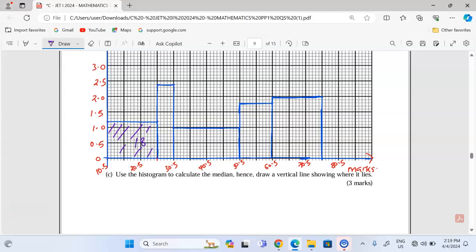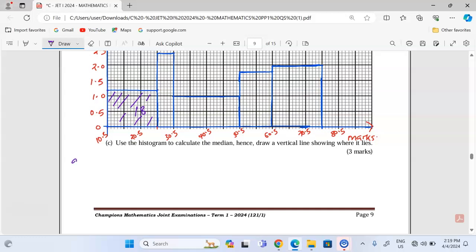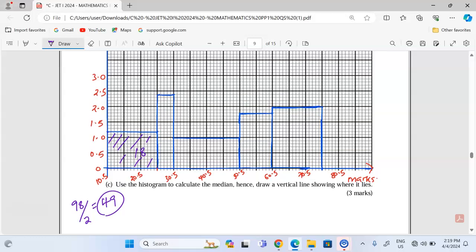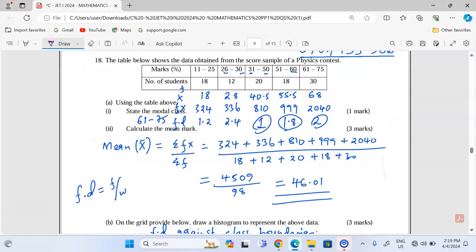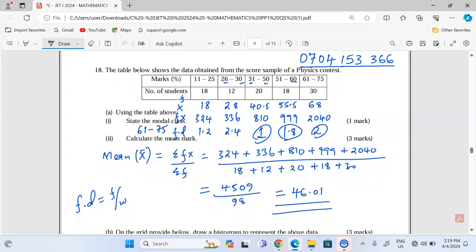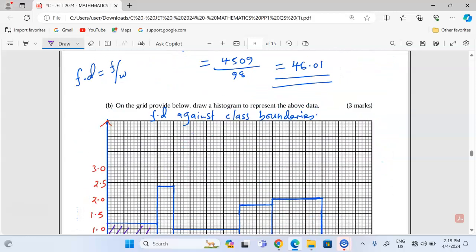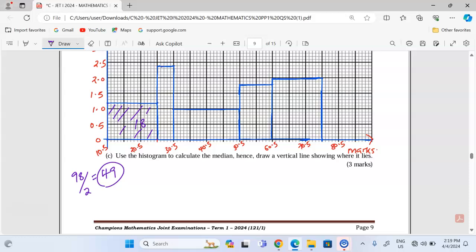Then remember we want the mark which has been scored by, out of the 98 students over 2, we want the 49th score, or the score of the 49th student. In the next, we use a height of 2.4 and an interval of 5, and that gives us exactly 12 students.